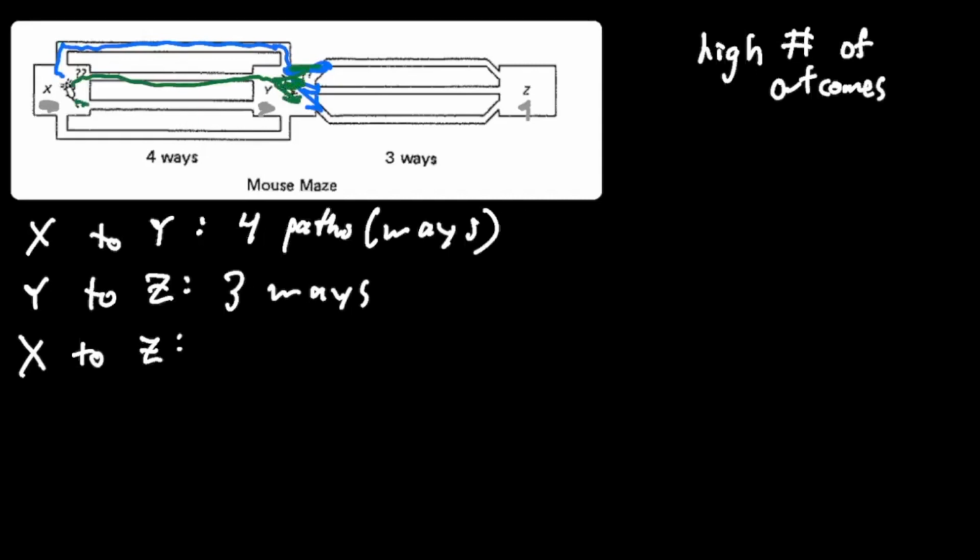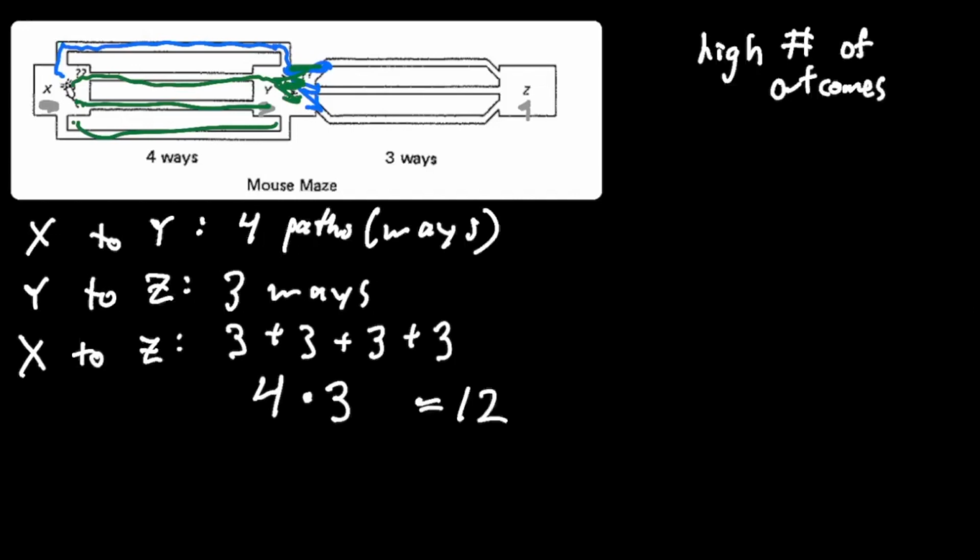And this repeats for our third and our fourth path. So one way to think about it is for each path, we have 3 different ways once we get to Y to get to Z. In other words, we have 4 paths times 3 ways for each path. So from X to Z, we have 12 different paths the mouse could take.